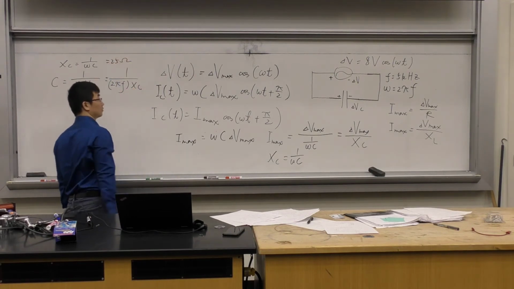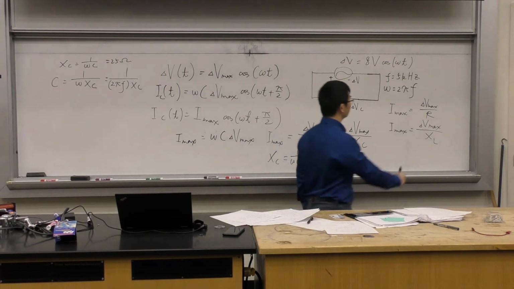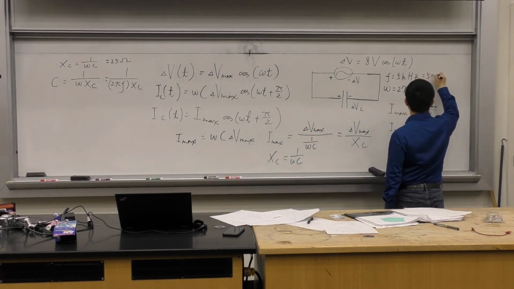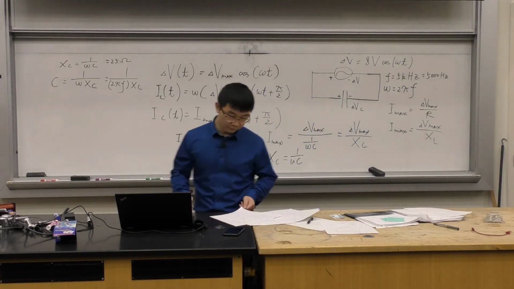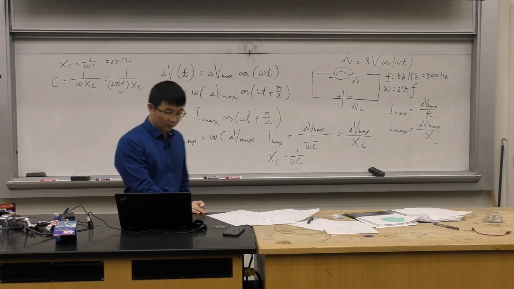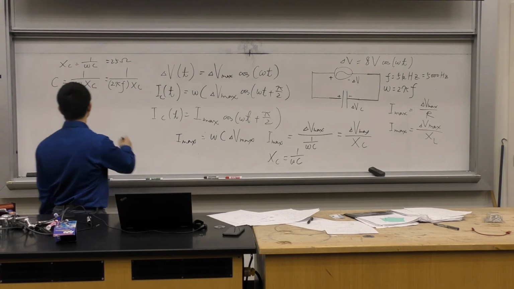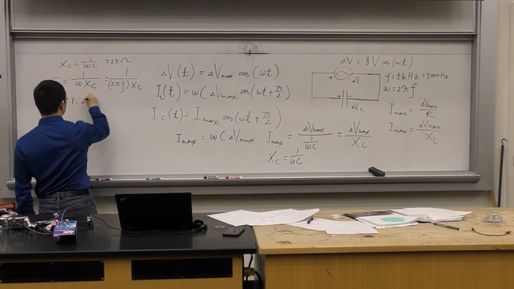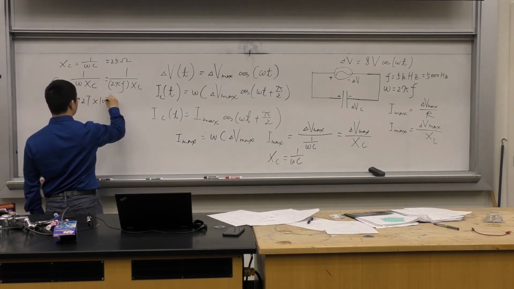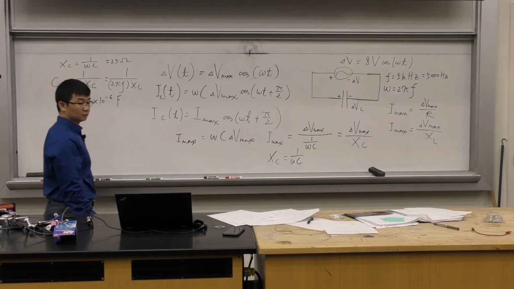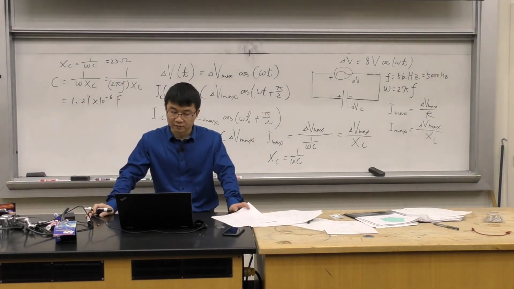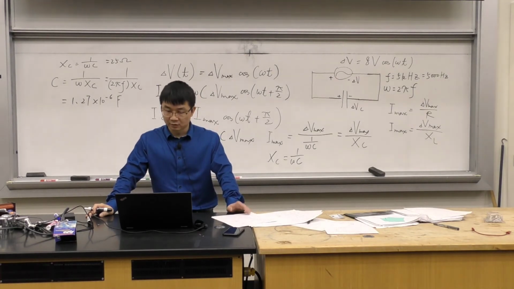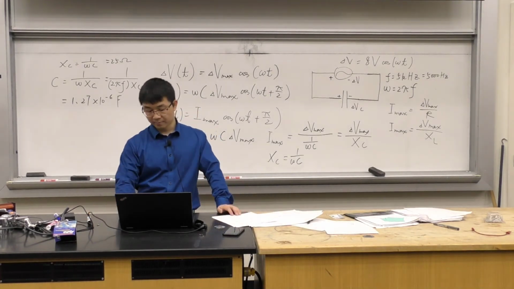Now you plug it in, the frequency converted to 5,000 hertz. You plug numbers in, you can find C is 1.27 times 10 to the negative 6 farad. So that's going to be B. B is the right answer. The capacitance of the capacitor, did you get the right answer?